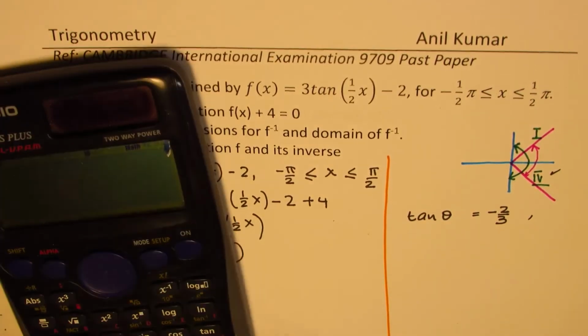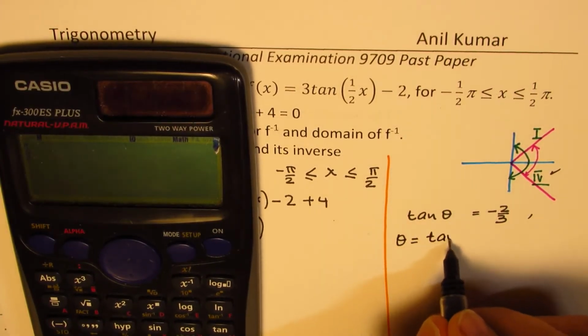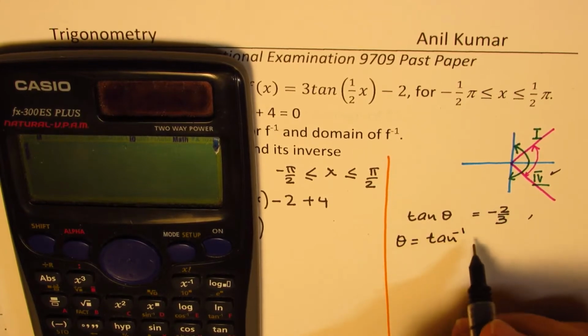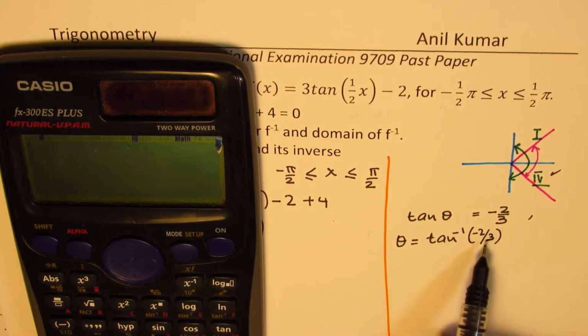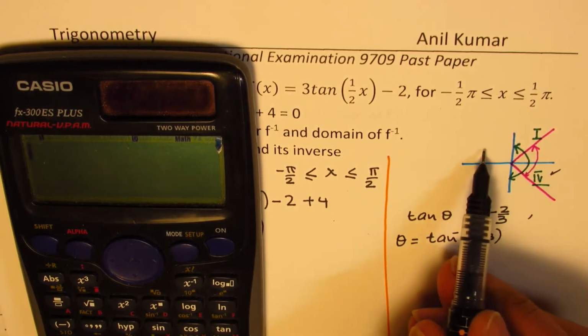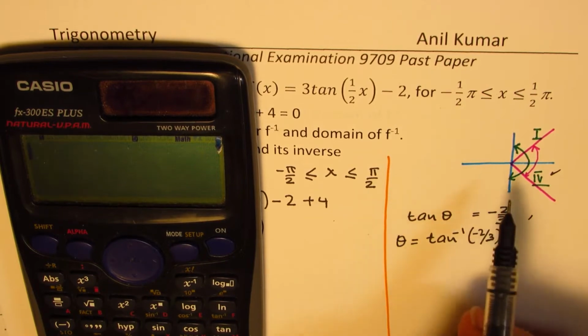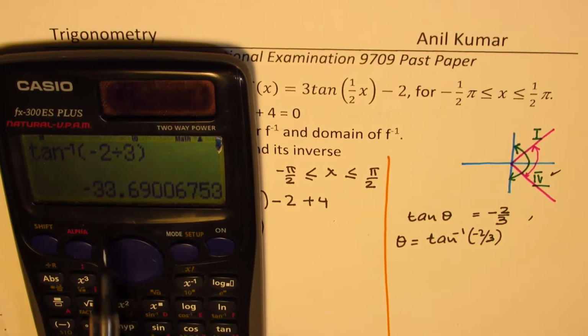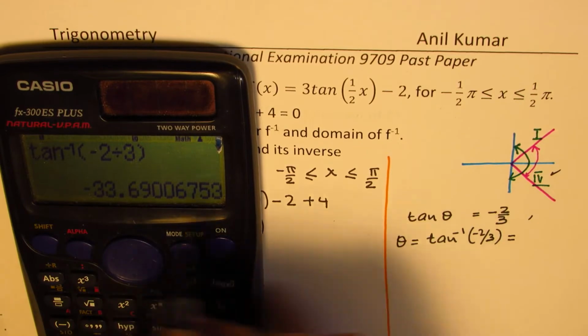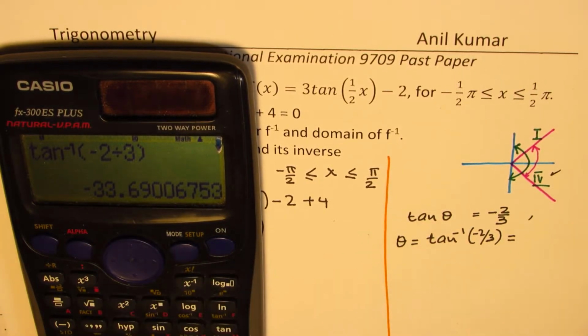So we get theta equal to tan inverse of minus 2 over 3. You may or may not get the exact answer; sometimes it may give you a quadrant 2 angle. So let's see what we get. Shift tan inverse of negative 2 divided by 3 in brackets gives minus 33.69. That's fair enough, a negative value with magnitude less than 45.